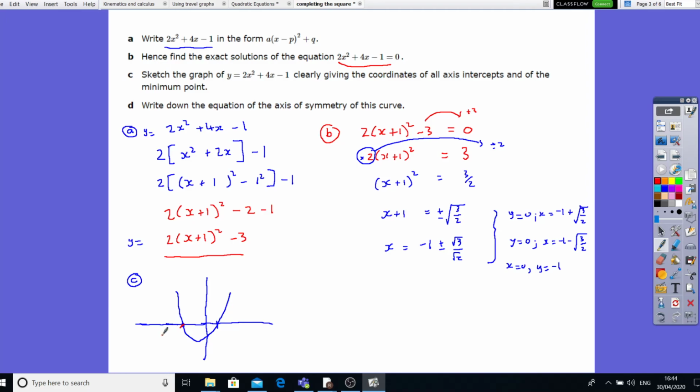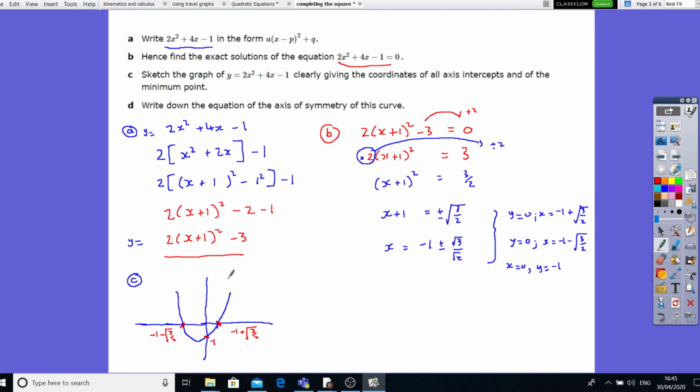This will cross at minus 1 minus root 3 over 2, and this will cross here at minus 1 plus root of 1.5, and this is going to cross here at minus 1. Okay, so there's the sketch of the graph.